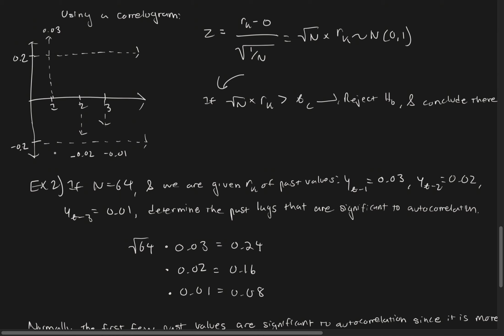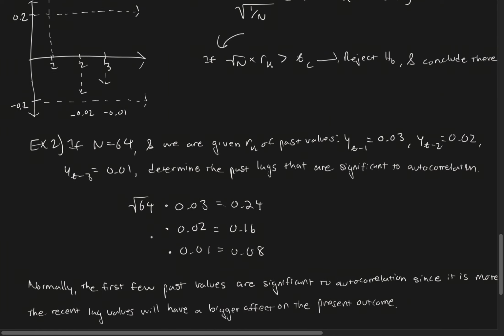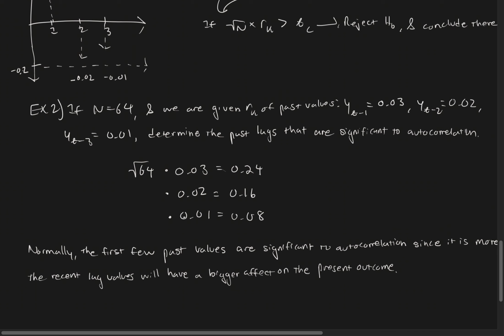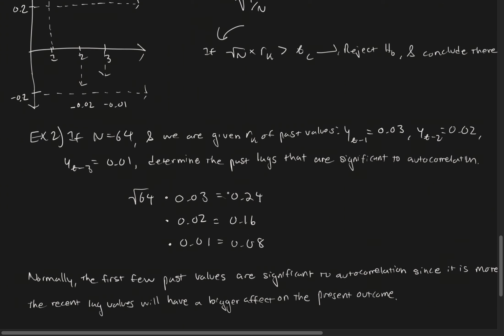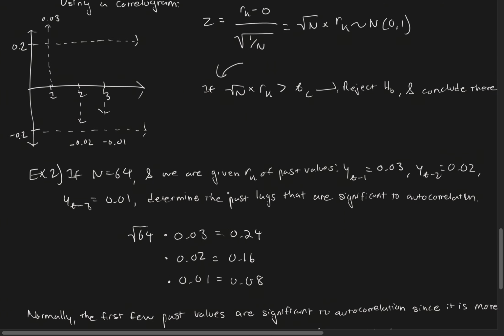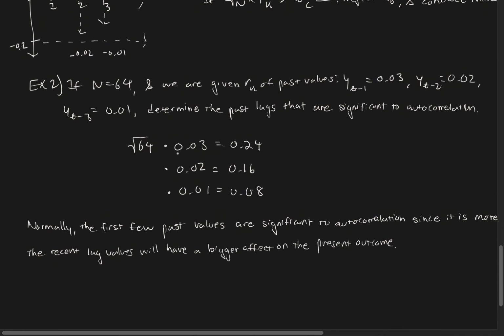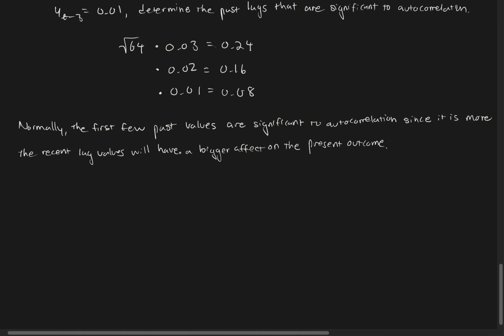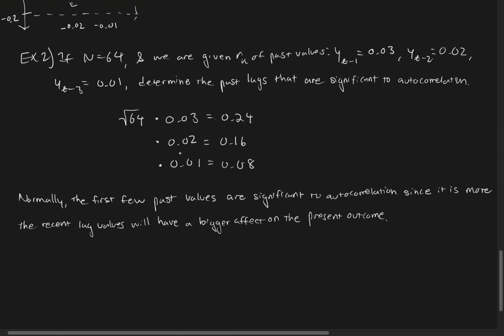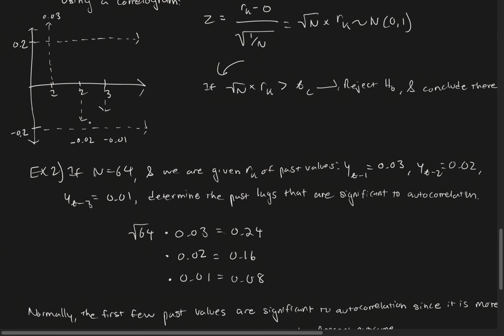Because it passes the threshold, we conclude that the first past value has autocorrelation, but the second and third past values don't pass the threshold, so they're not significant to autocorrelation, which means only the first value needs to be corrected for.